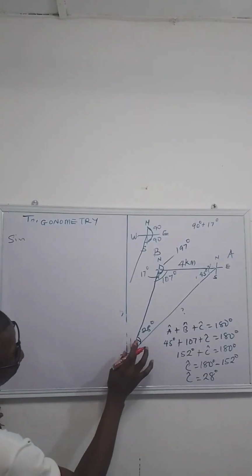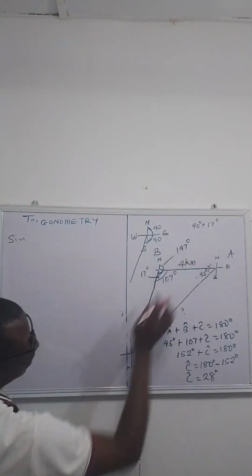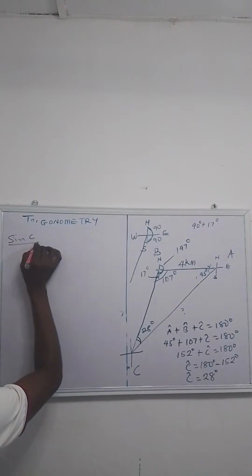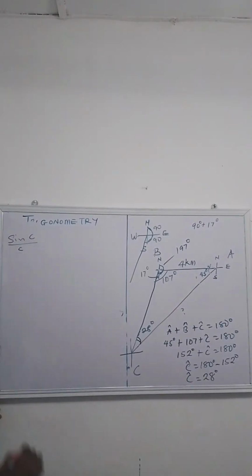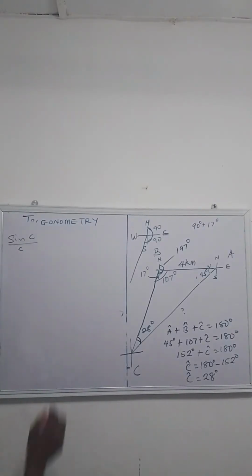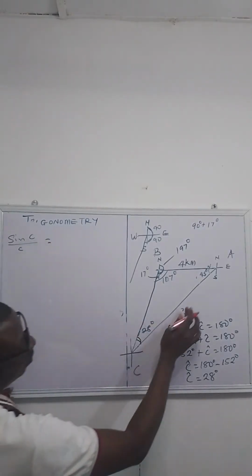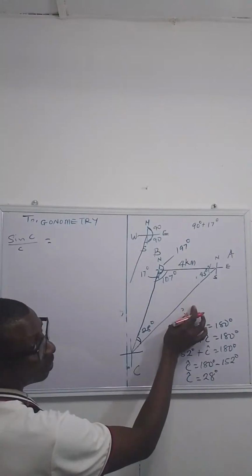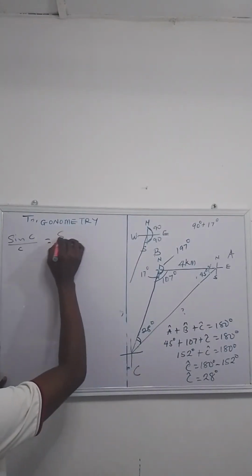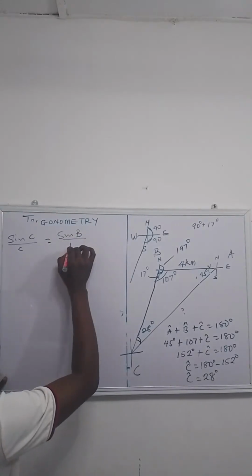I can show you angle C and side C. This is angle C and side C. So I have sine C over side C equals, and I'm looking for side B, so I have sine B over small b.